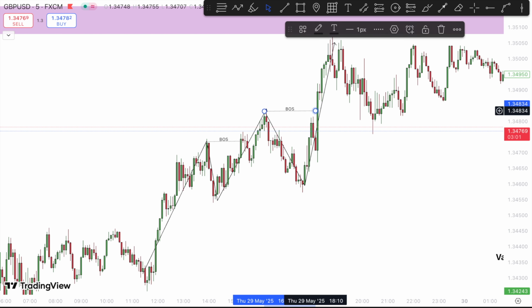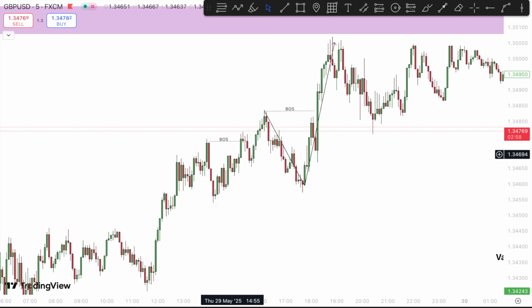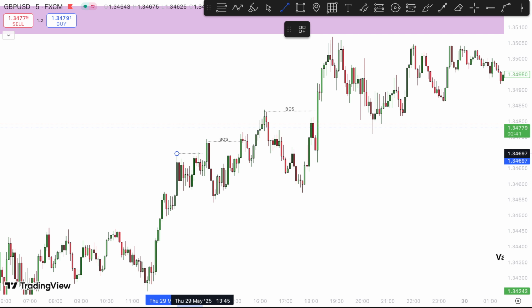So where is the inducement that is swept? Where is the inducement? So to find inducement, as I told you, the low in the uptrend has to be swept, but before that the previous high also has to be taken out. So over here, this will be our liquidity.